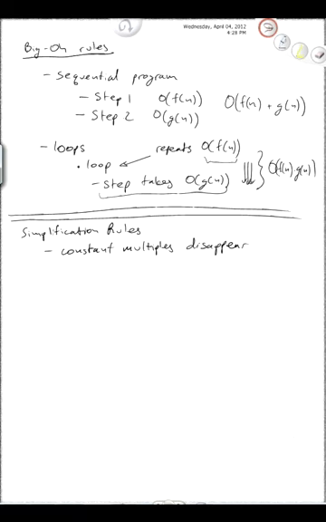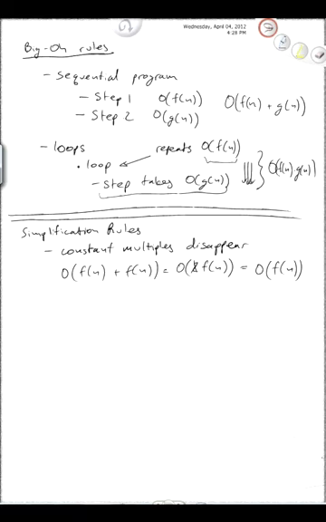So what I mean by this is if I have O of f of n plus f of n, just using your regular addition rules, you might say that this is O of 2 times f of n. But this constant here doesn't matter, so we can just rewrite that as O of f of n. That's because big O ignores constants, so you can just drop that 2, and we get just O of f of n at the end.